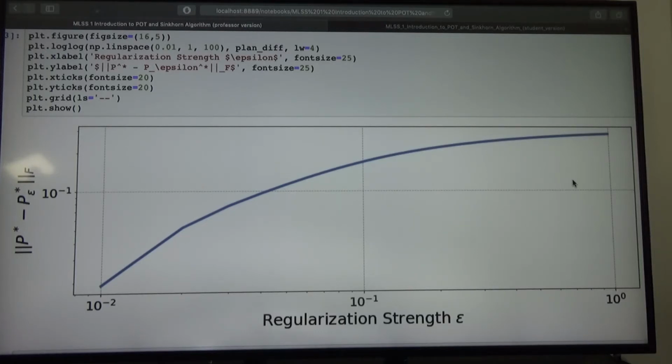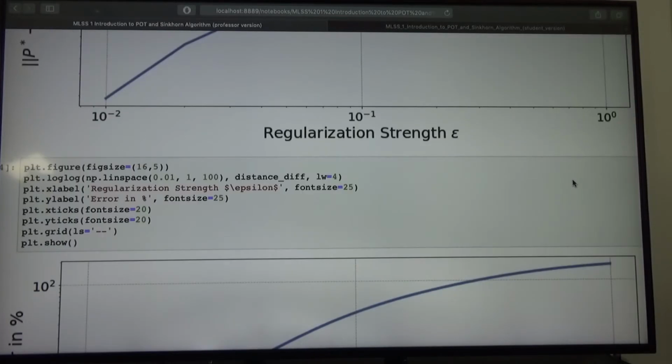So this means that if you choose epsilon to be small enough, then what you get is really an approximation of your problem. But that was much simpler to code, and it's faster, and it has all these good statistical properties.